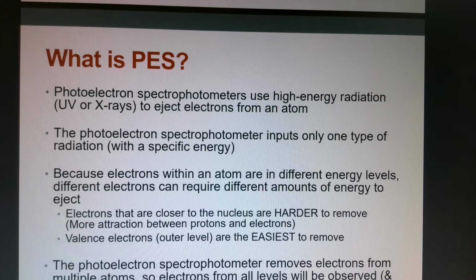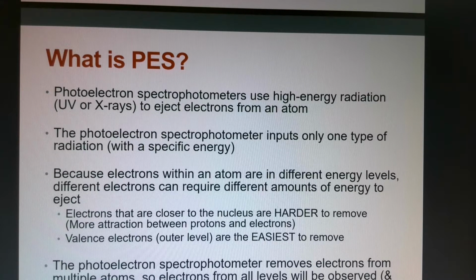It usually inputs only one type of radiation with a specific energy. So we want to know how much energy comes from the spectrophotometer, so we just use that specific energy. And because electrons within an atom are in different energy levels, different electrons require different amounts of energy to eject.